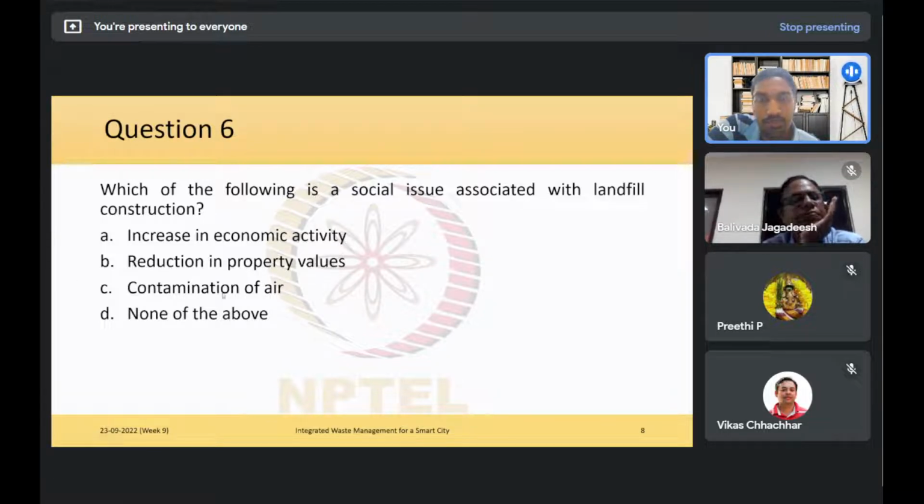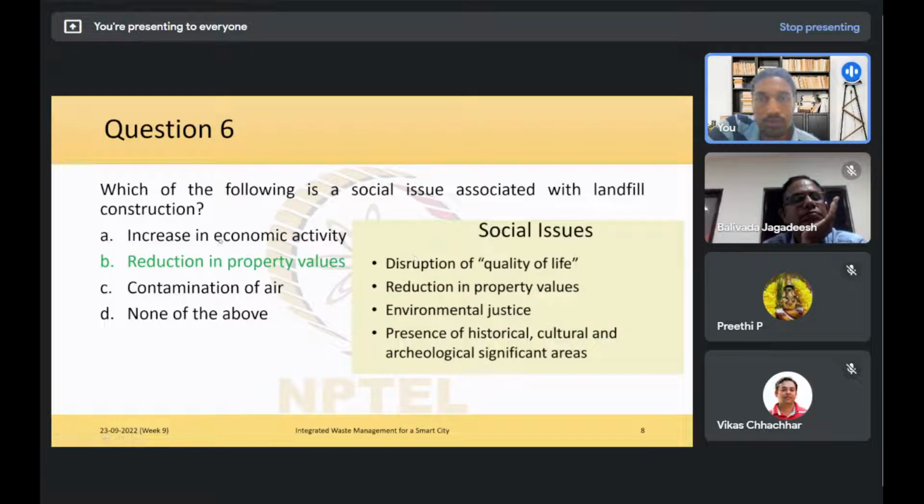Whereas contamination of air is an environmental issue. We don't want that, but it comes under environmental issues. So out of these options, the reduction in property value is a social issue. In addition, other social issues include the disruption of the quality of life. You don't want to live near a place that has odor, or which can contaminate the groundwater or the air.